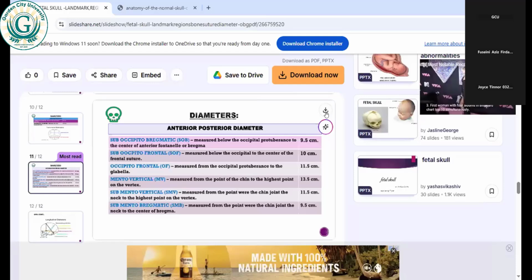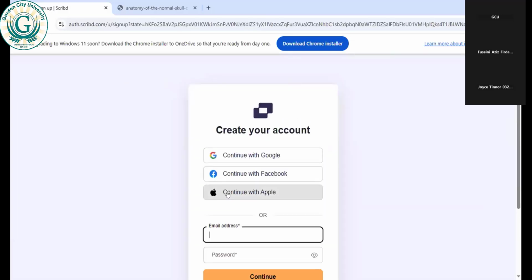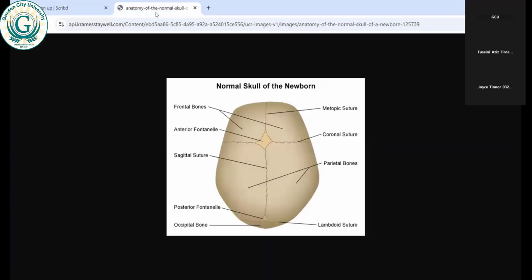Okay. So the submentovertical, which can be shortened to SMV. Sub is like something within a region. The submentovertical measures 11.5. Mentovertical is 13.5, submentovertical is 11.5.